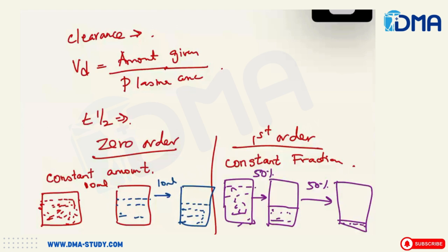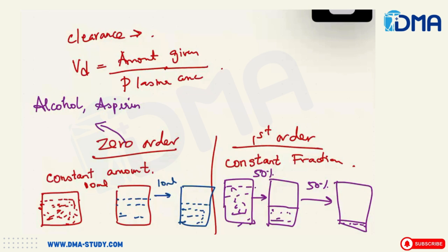Examples of zero-order kinetics, which is what is more important. Most of the drugs are first-order kinetics. Zero-order kinetics is more important because there are few important drugs. Any one example? Aspirin. First, alcohol. I agree. Aspirin is also alcohol. When someone brings in alcohol, it takes a lot of time for the concentration to come down.